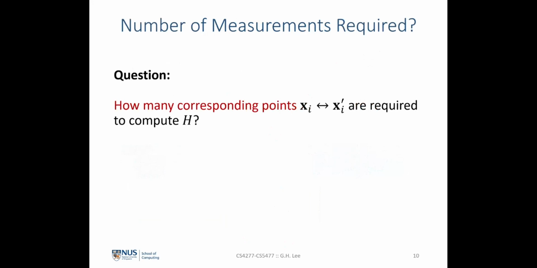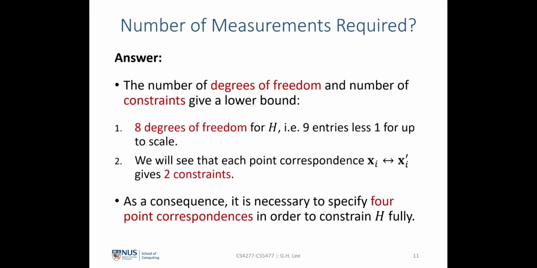So as I've mentioned, the question is how many point correspondences are needed to compute H. The answer is very straightforward. It depends on the number of degrees of freedom in the homography matrix H and the number of constraints each point correspondence gives. We know from lecture 1 that a homography consists of 9 entries with one less for the scale. This means that a homography has 8 degrees of freedom altogether.